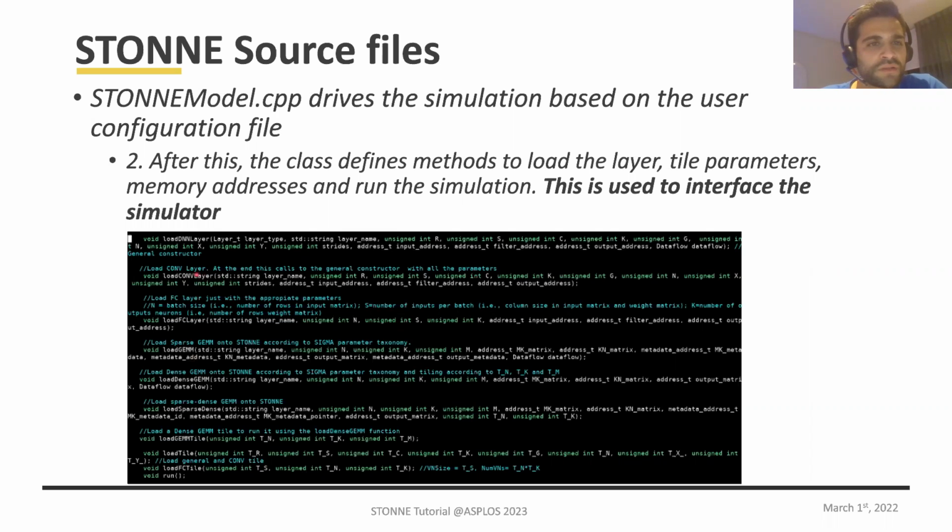And the good thing is that by creating this interface, anyone can take advantage of this structure and interface with the simulator. You can create your own main.cpp file, include the STONNE model.h, and use these functions to load a DNN layer and parameters into the simulator, and run the simulator within your code without having to use the current STONNE interface.